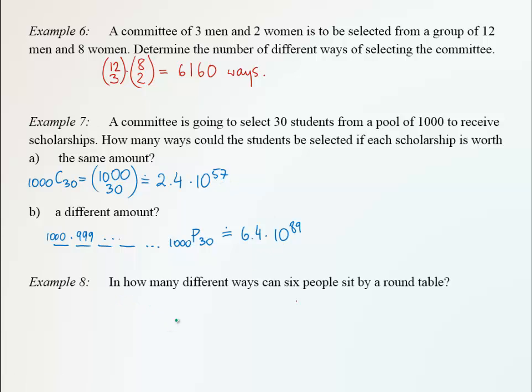And the last example, in how many different ways can 6 people sit by a round table? Well, this time, if we talk about in how many different ways we can place 6 people in a line, then we'll talk about permutations. That will be just 6 factorial. Let's say 1, 2, 3, 4, 5, 6 in a line.